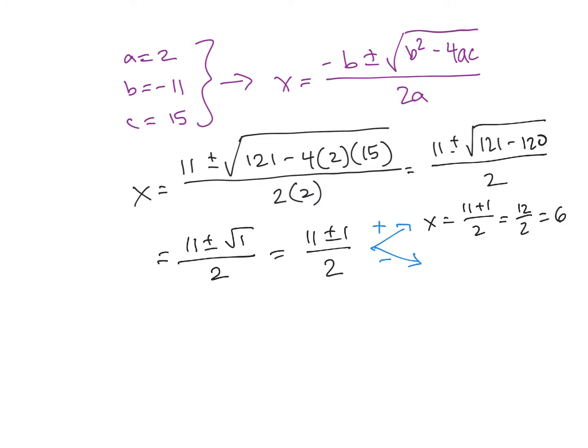Uh-oh. I don't feel like those are the answers that I got. If I do the minus, I get x equals 11 minus 1 over 2, which is 10 over 2, which equals 5. And that's not what I got. So let's hang on a second.